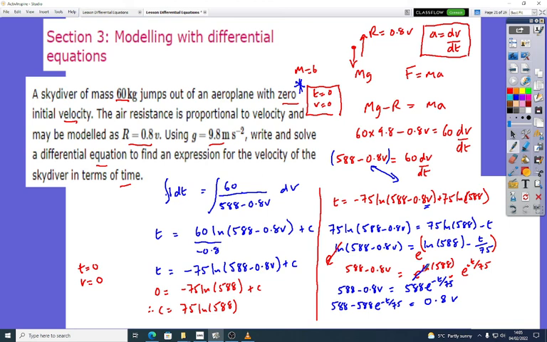So if I divide 588 by 0.8, you're going to get 735, so you end up with 735 minus 735 e to the minus t over 75 equals v, and that is how the cookie crumbles.